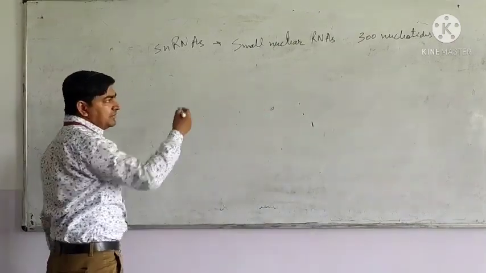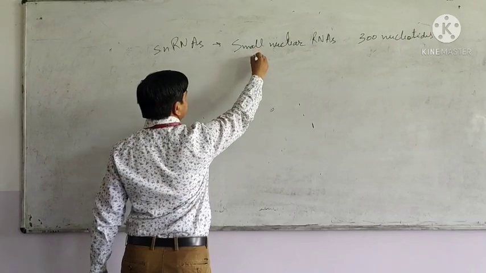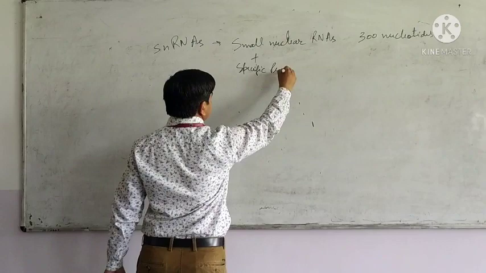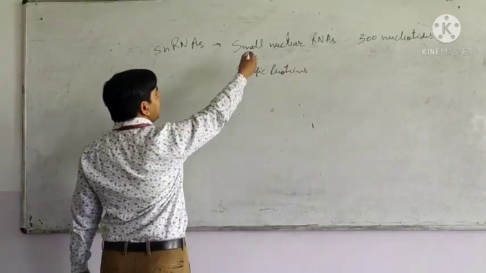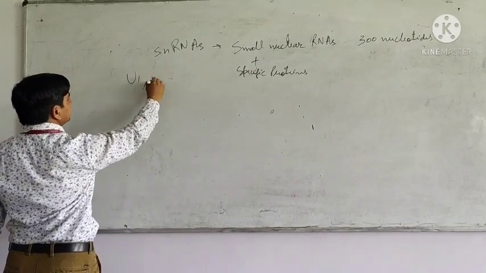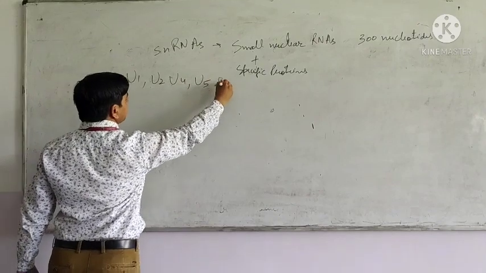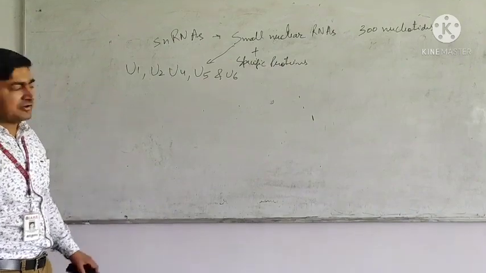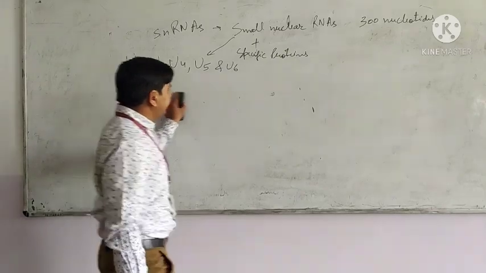They help in splicing, and they form a complex with some specific proteins, and that complex is known as the spliceosome. These RNAs are designated as U1, U2, U4, U5 and U6. These snRNAs help in splicing.